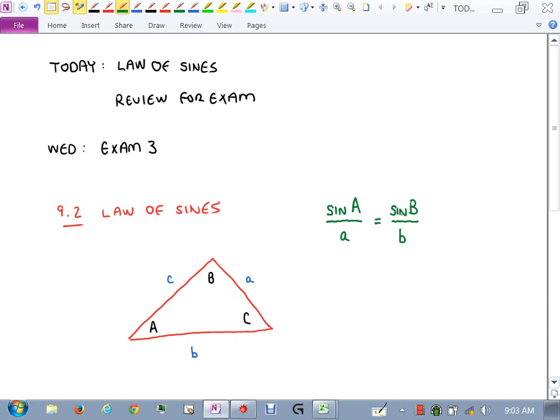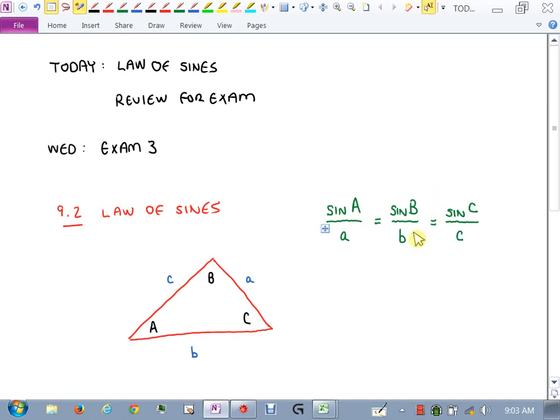That's like a formula, isn't it? It relates 2 angles to 2 sides. But this formula can also be extended to the third angle: sine C over c must also be equal to that.